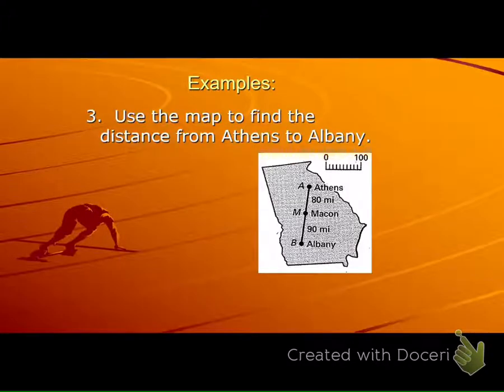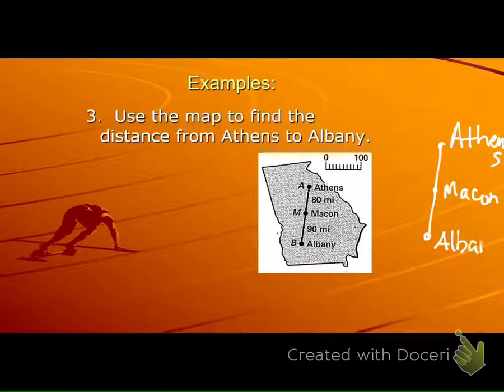So just real quick, let me show you what it should look like in your notes. So don't draw the state. Just draw 3 points. Call the top one Athens. Call the middle one Macon. Call the last one Albany. You need to know that from Athens to Macon is 80 miles. From Macon to Albany is 90 miles.